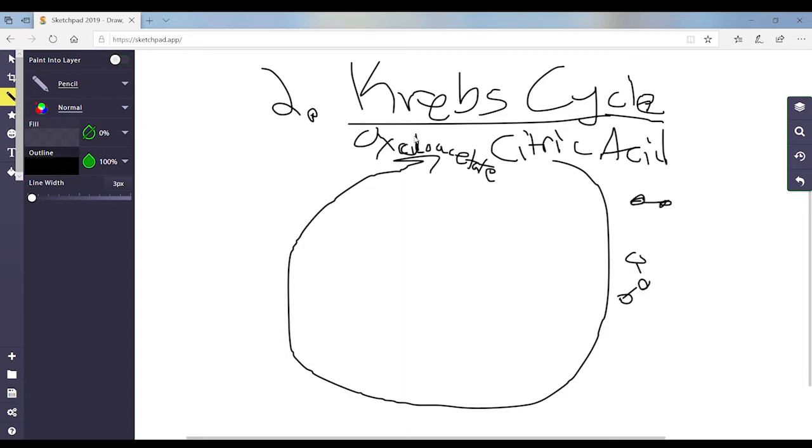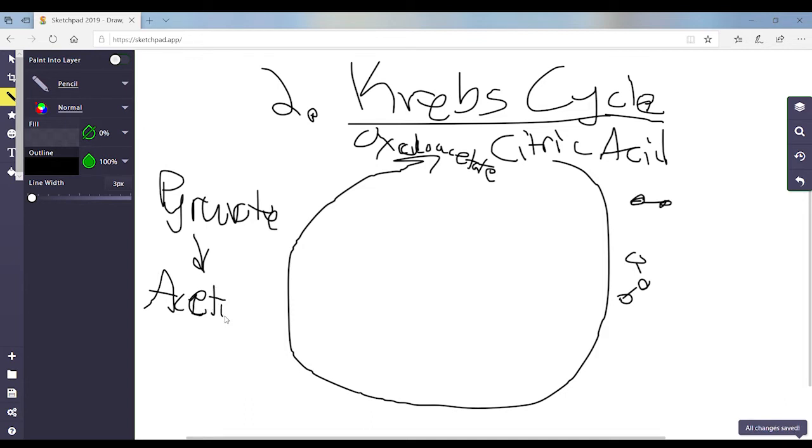In order for it to continue going on, oxaloacetate has to be converted into citric acid. Now, we need a special component to convert oxaloacetate into citric acid. You might be thinking, oh, it's pyruvate. But it's actually not pyruvate, though pyruvate is involved. Pyruvate is converted into something called acetyl-CoA.